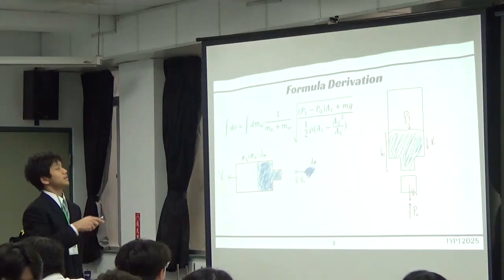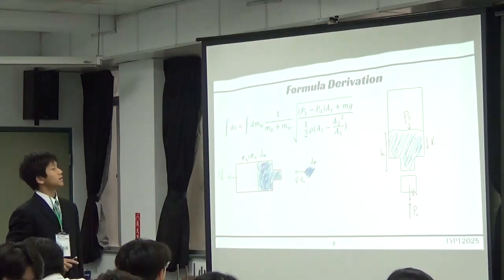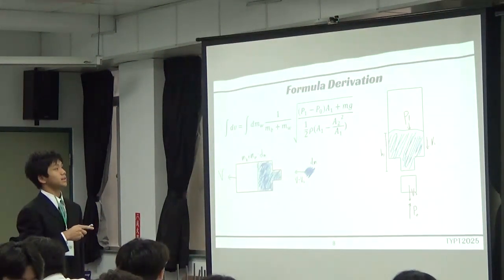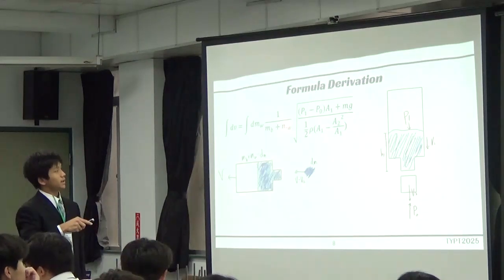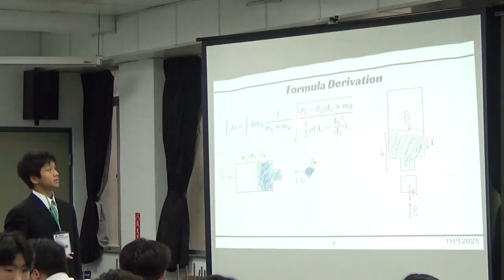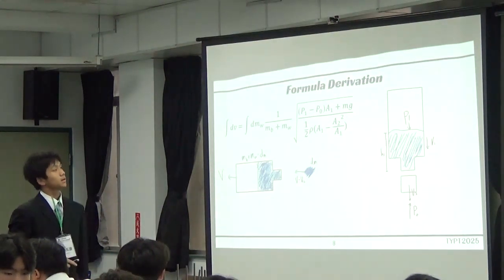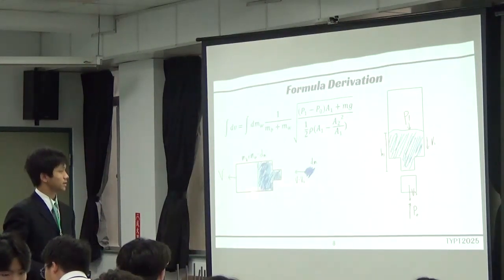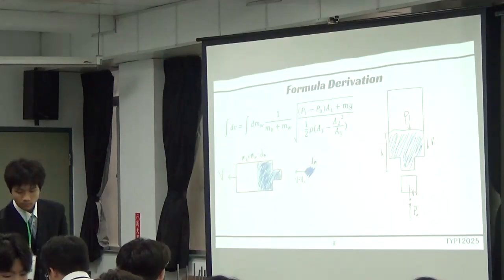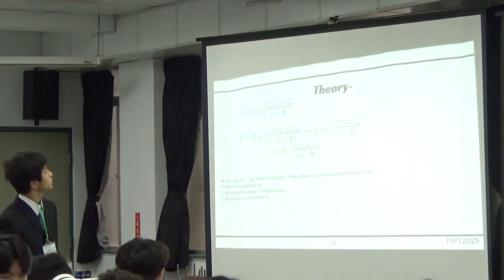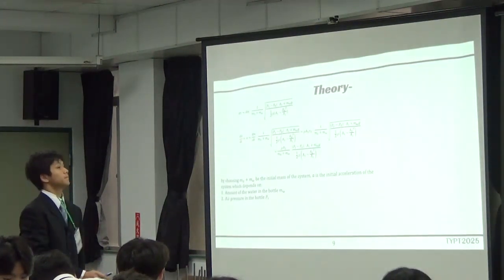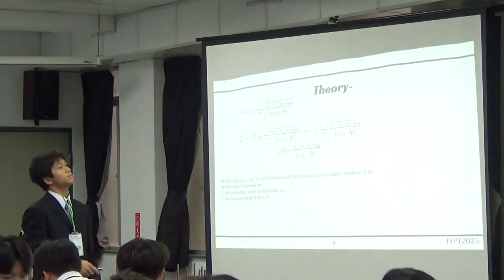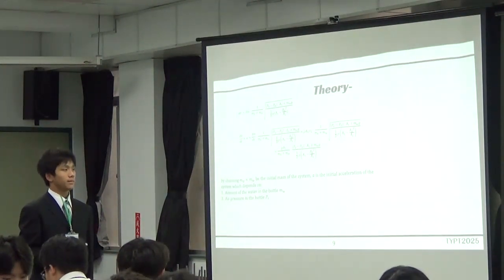We can get that a small change in velocity will be related to the mass and also the pressure, like this, just like the pictures. This is an extension theory that will be used when I'm matching my results.